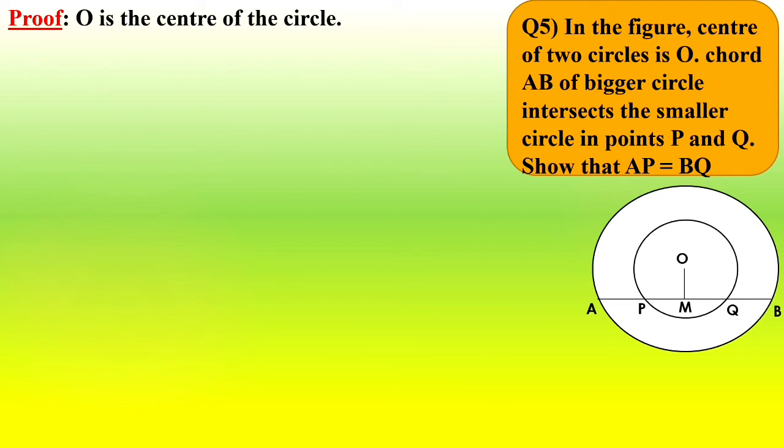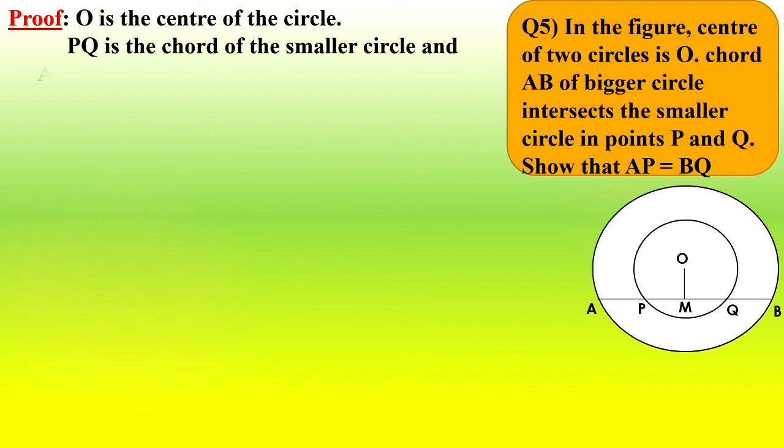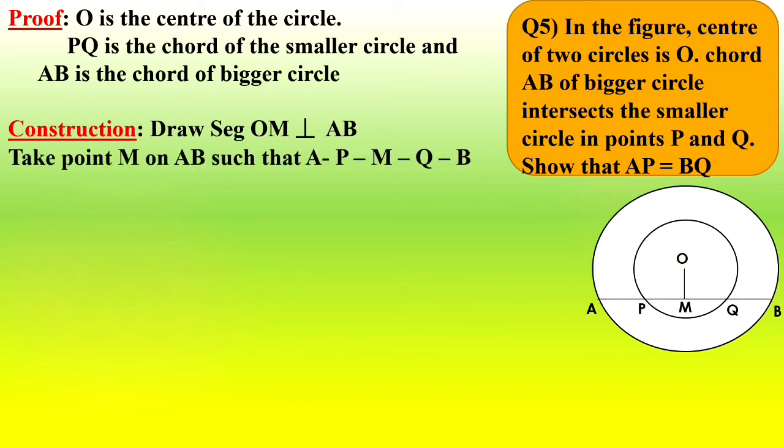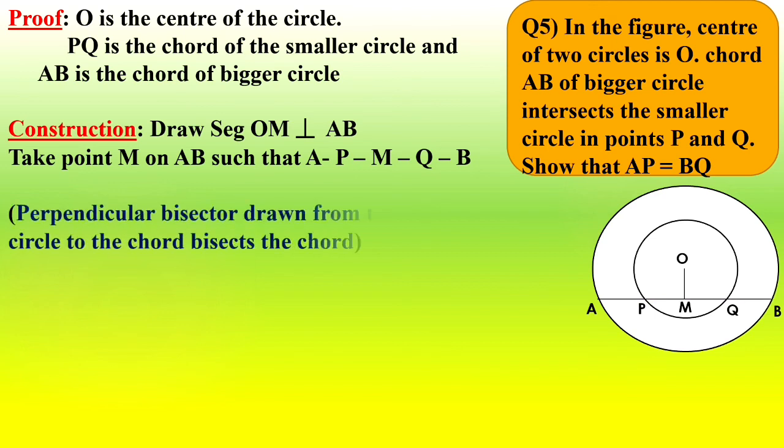O is the center of the circle, PQ is the chord of the smaller circle, and AB is the chord of bigger circle. Construction. Draw segment OM perpendicular to chord AB. Take point M on AB such that A, P, M, Q, B are collinear.